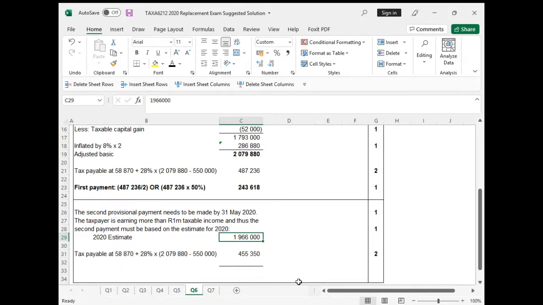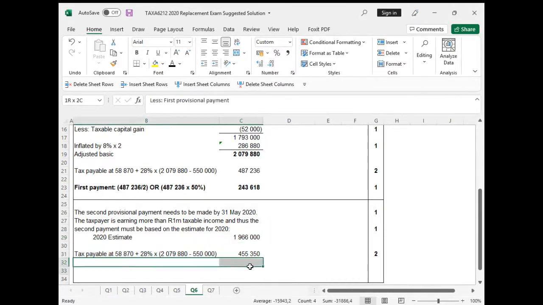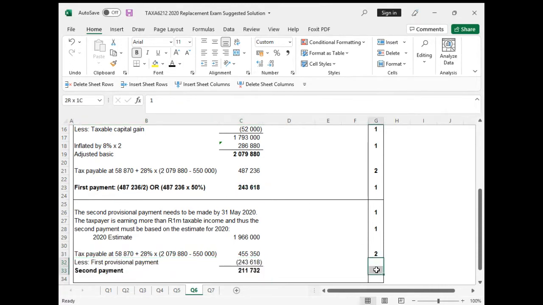Then the step that you have to remember for the second provisional tax payment is to deduct the first provisional tax payment that you've calculated. Now, if you made a mistake, that's fine. You will receive a method mark for that item to get to your second payment. Okay, so this is how you would calculate it.